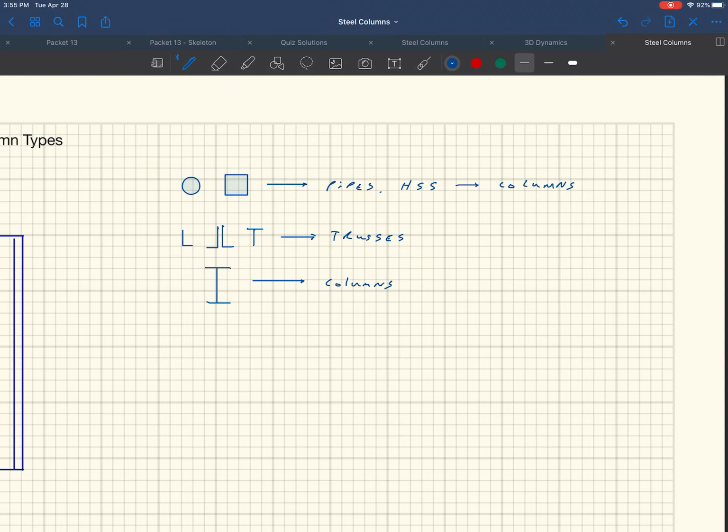And in particular, W12s and W14s are most common. Okay? If you're going to design a column out of a wide flange, you're probably going to use a W12 or W14. Why? I don't know.